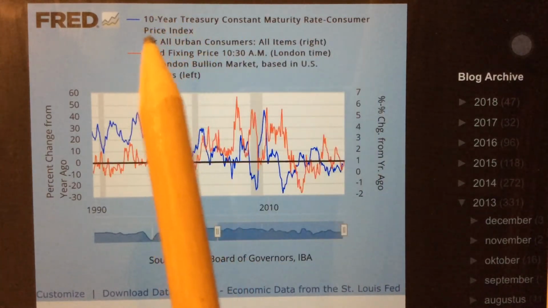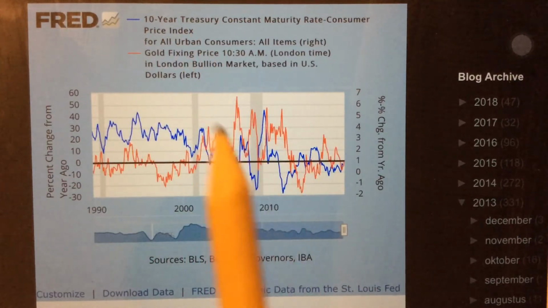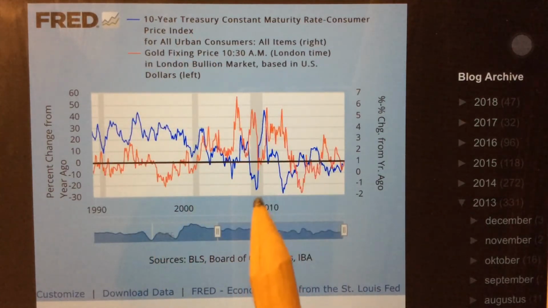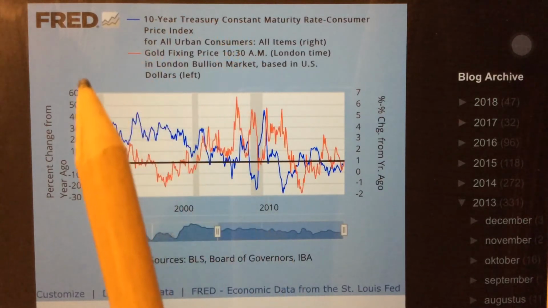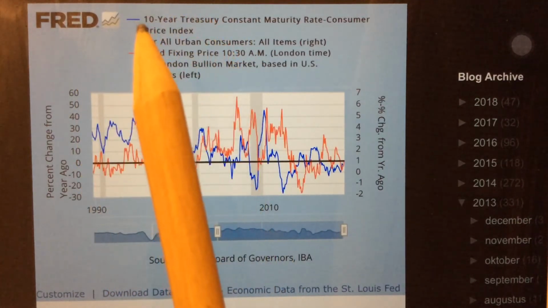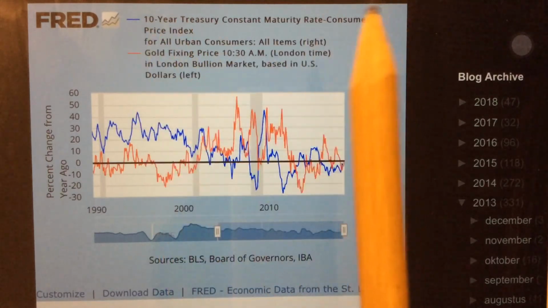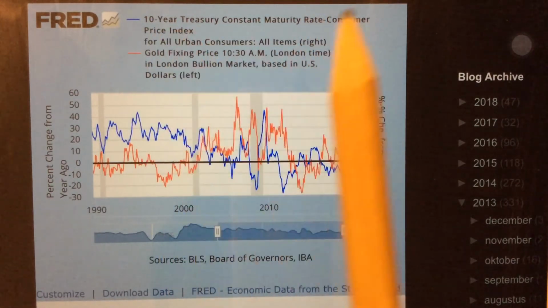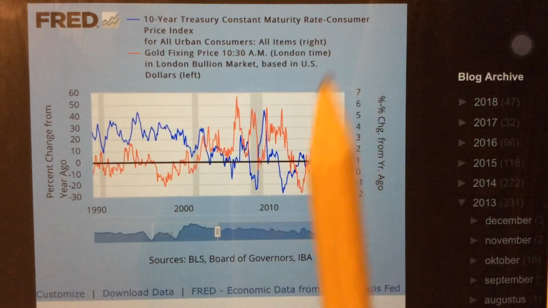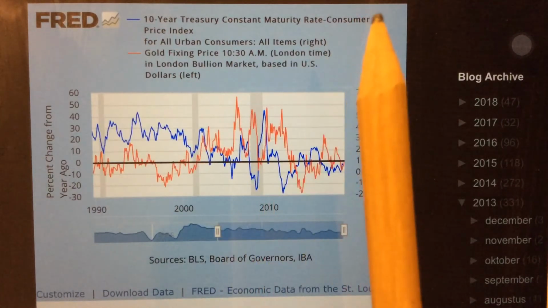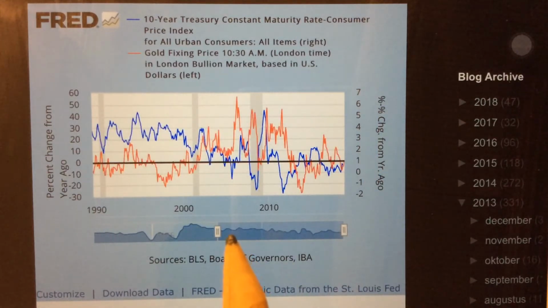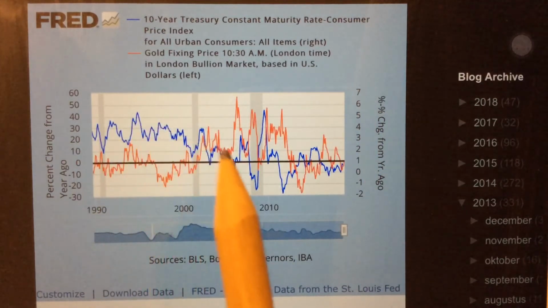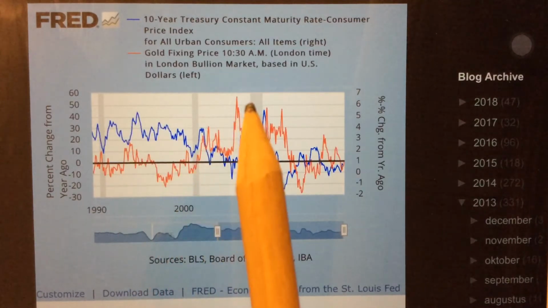So whenever this goes down, the gold price goes up, because you want to have a low yield, because gold is not an interest-bearing asset, and then you would go to gold when this goes down. And minus means that when the consumer price index goes up, then the blue line will go down, which means there's inflation, and gold does well during inflationary times. So whenever this goes down, the gold price will go up.